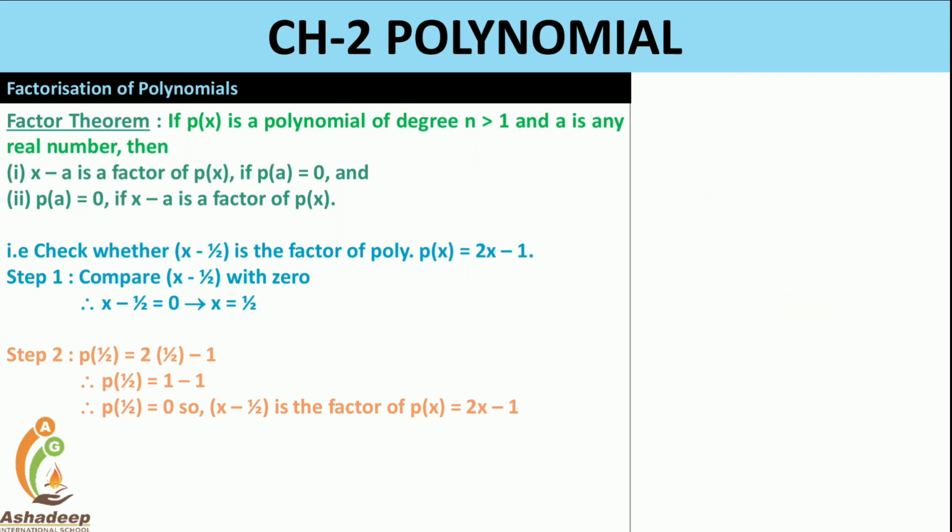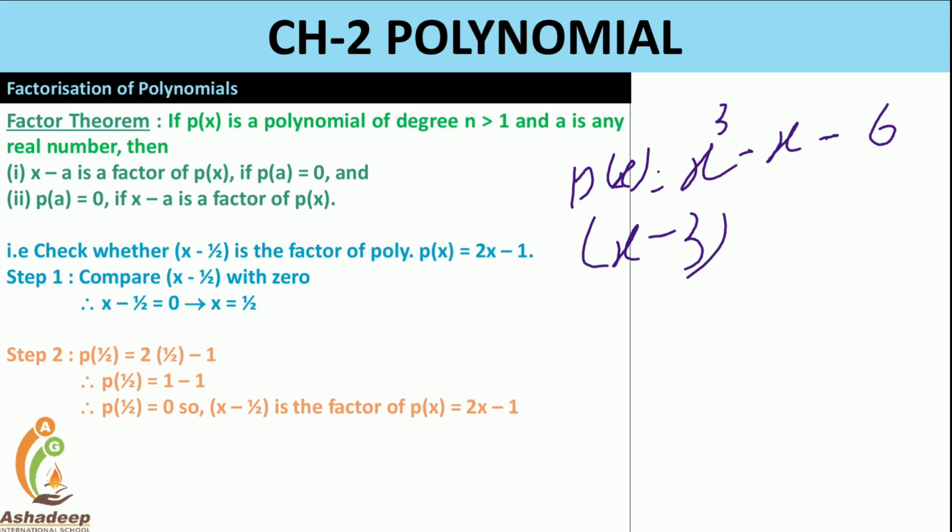For example, let me take an example here so that it could be understood. p(x) is equal to x cube minus x minus 6. Now let's check with x equals 3, or you can say x minus 3. We have to check whether x minus 3 is a factor of the given polynomial or not.